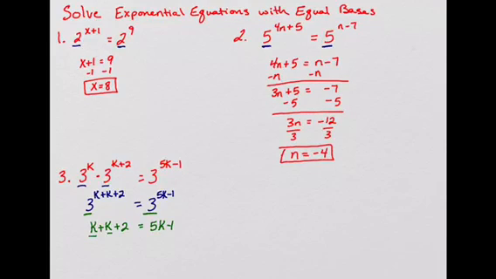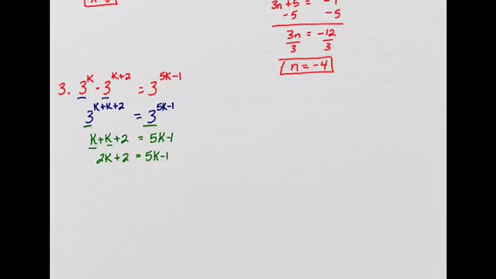So I'm going to combine my like terms here and get 2k plus 2 equals 5k minus 1. And then I'll just subtract 2k from both sides. So I get 2 equals 3k minus 1. And then I add 1 to both sides. So I get 3 equals 3k. And then to finish getting k by itself, I'll divide both sides by 3. So I get k equals 1.